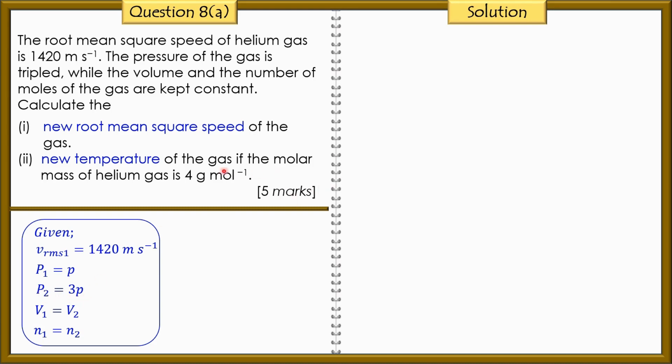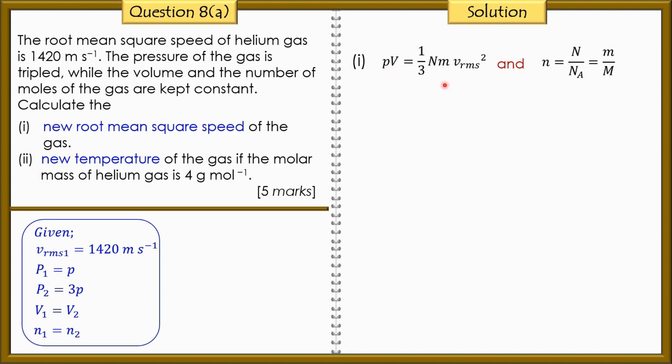To calculate the new root mean square speed, firstly take a look at this equation: PV is equal to 1 over 3 N m v_rms square, and also n is equal to N over N_A, and equal to M over m. The purpose of this equation is to show that, because it is stated that the number of moles is constant, the number of molecules N is also constant, and the mass is also constant.